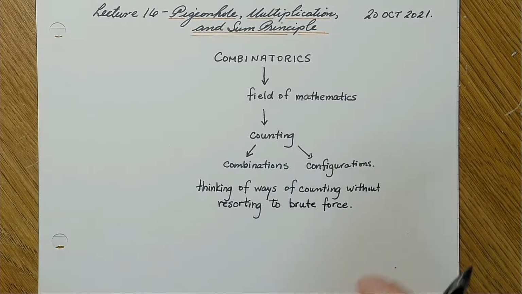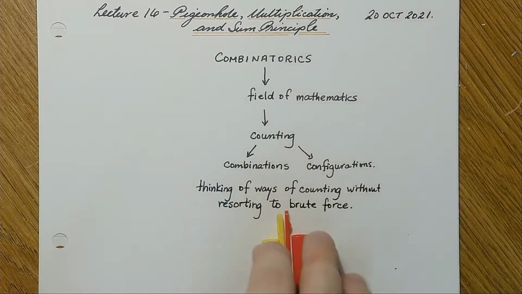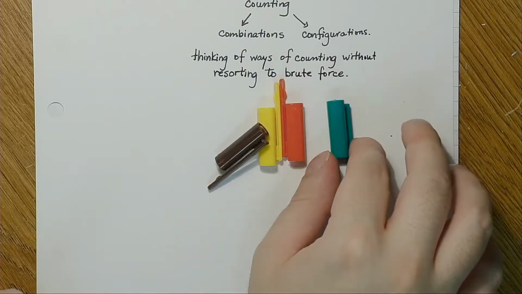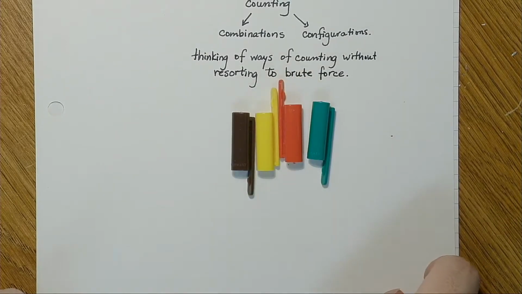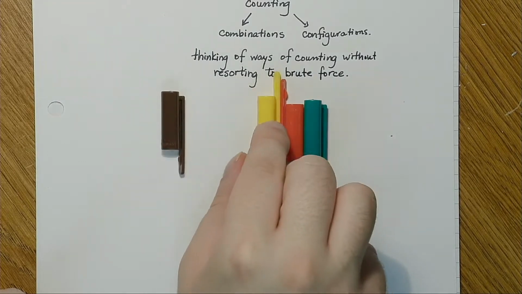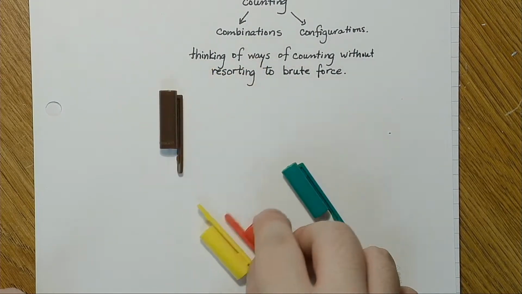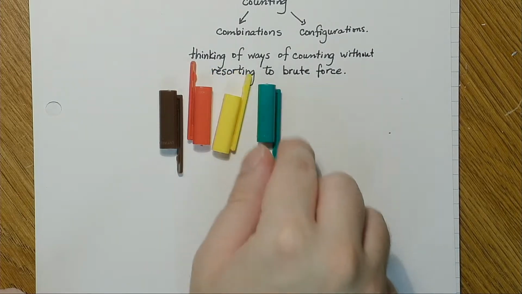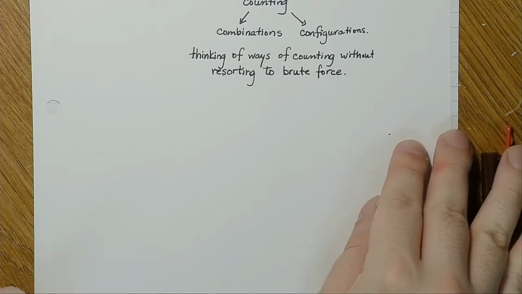For example, if I had these pen caps here, how many ways could I organize these or line these up? Instead of me going, okay, I can have it like this, that's one way, and then I can do it like this way, and there's the second way, there are actually faster ways of counting things like that.